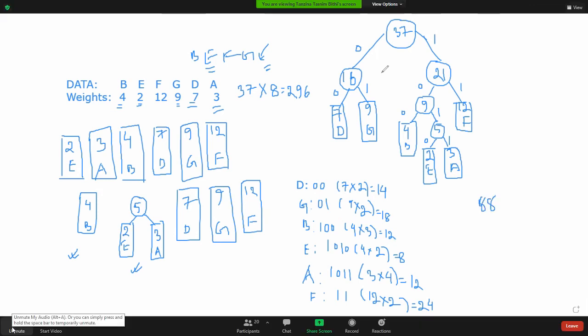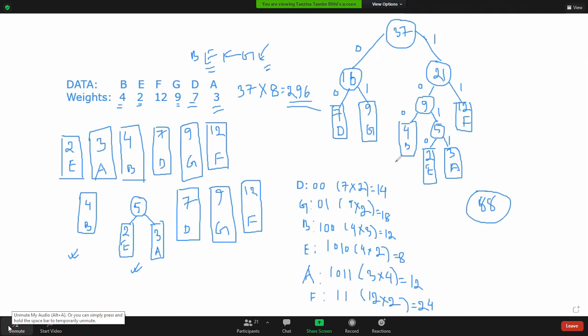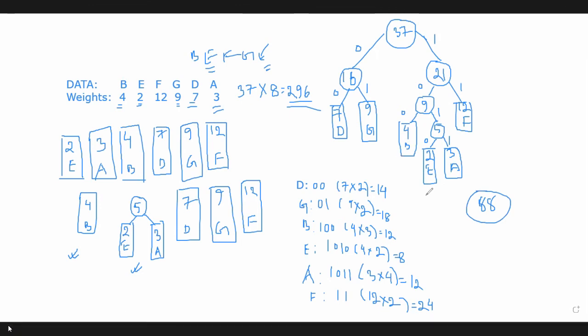Yes, ma'am. So now look at the difference. When we are using ASCII code, I mean fixed length code, we needed 296 bits, but here we need only 88 bits for sending all the characters, and that is the main purpose of using Huffman tree, for reducing the bit size as well as compressing the data size.